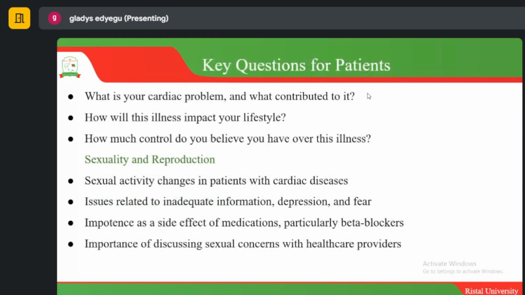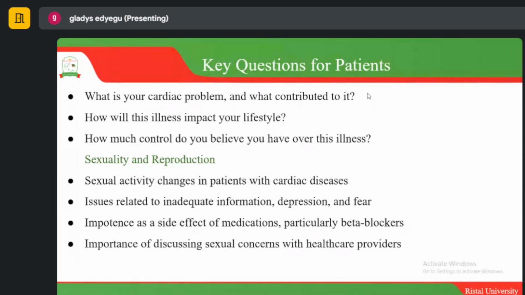So the key questions for patients that you can ask if they have a challenge in knowing that they have such conditions. One of them is, what is your cardiac problem and what contributed to it? They may be able to tell you, I think I have a cardiac problem and this could be the reason why I have it, or this could be the cause.